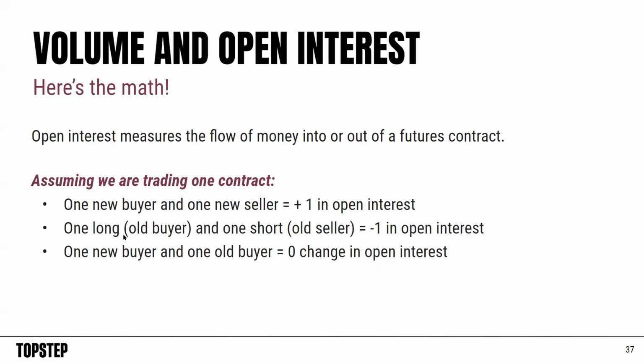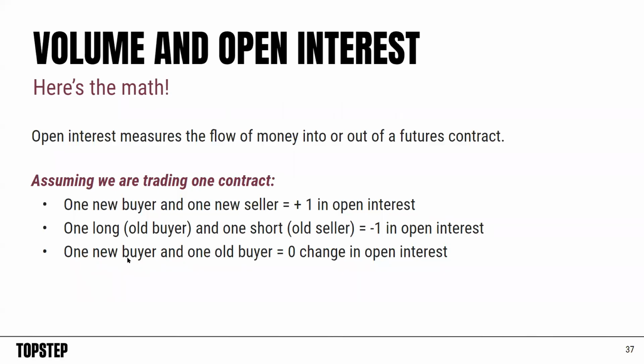Now an old long, that old buyer, and an old short trade, they remove one in open interest. The old buyer who's holding that position and the old seller who's holding that short meet in the marketplace, they remove one in open interest. Now, there's a way that there can be no change in open interest, and this is what this whole thing is about, risk transfer.